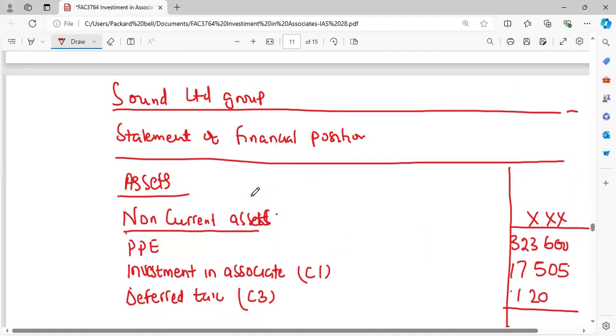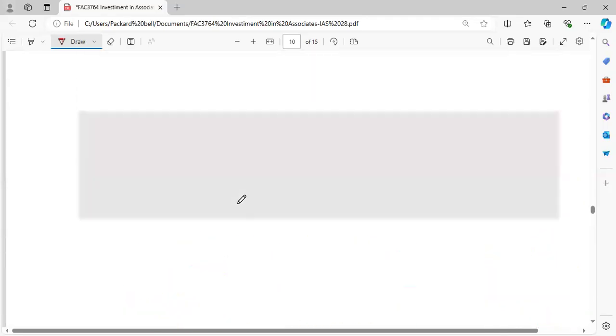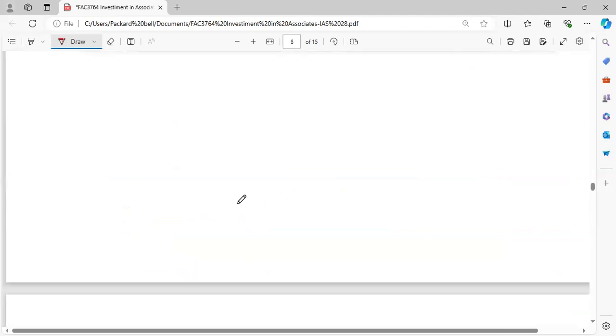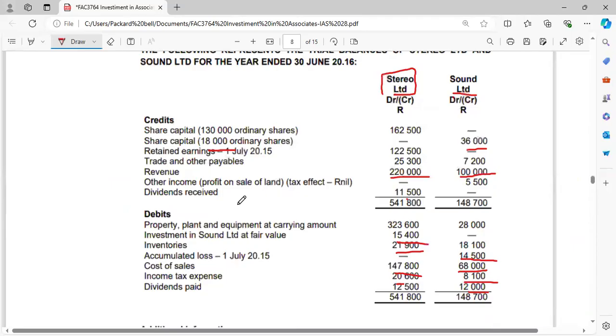Then you will be done with the assets. When you go to equity and liabilities, there is nothing that you are going to change there. We don't have NCI. So equity and liabilities, you only take those for the investor. It is going to be a copy and paste. You just take the one for the investor, which is the share capital and the retained earnings.